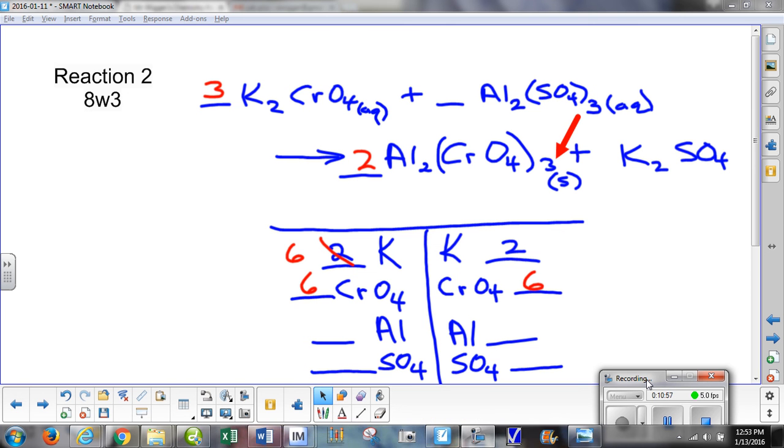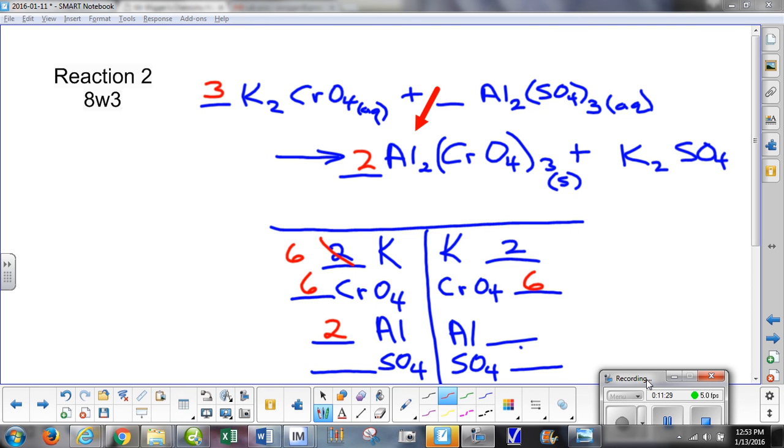Okay, let's go for our aluminum now. Aluminum, how many do we have on the left? 2. So 2 aluminums here, and how many aluminums on the right side? Yeah, 4. And that's the coefficient, 2, times the subscript, 2, so that's 4. So I have 4 aluminums over here.